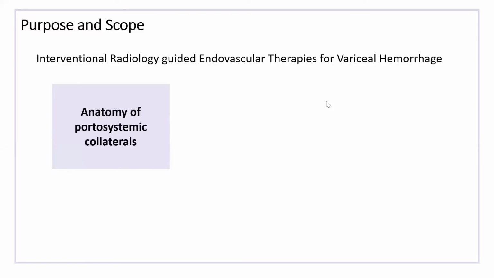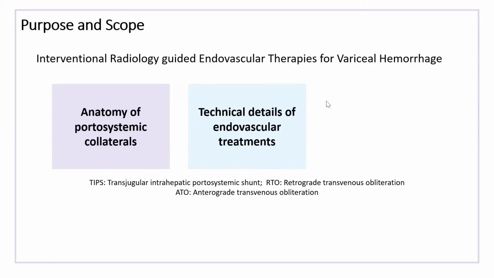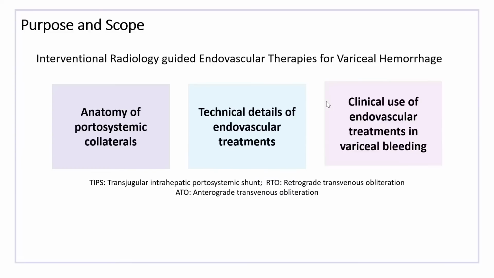I will first go through the anatomy of portosystemic collaterals. We'll go on to discuss the technical details of endovascular treatments, namely TIPS, which is transjugular intrahepatic portosystemic shunt, RTO, which is retrograde transvenous obliteration, and ATO, which is anterograde transvenous obliteration.